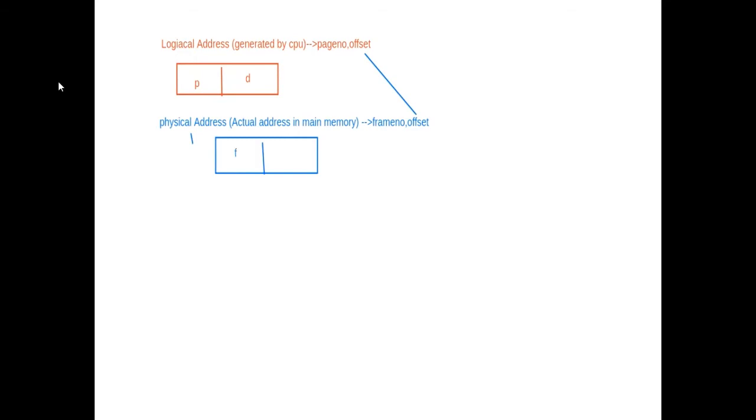Now let me go to the application screen.